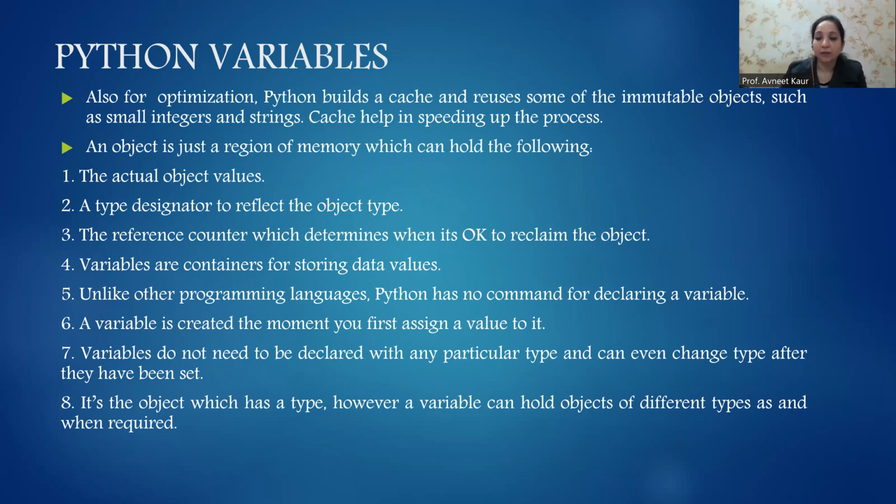A very important feature is that you can change their data type even after they have been set. You can change an integer to a float or a float to an integer, and that process is called type conversion, which we will see in the next few slides. It's the object which has a type. However, a variable can hold objects of different types as and when required.